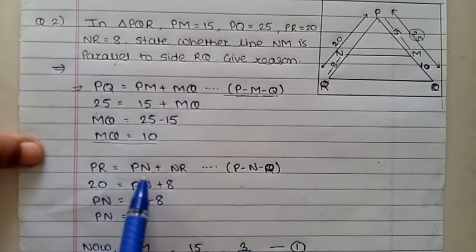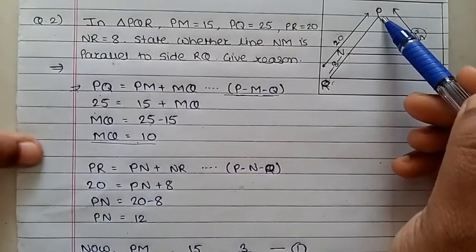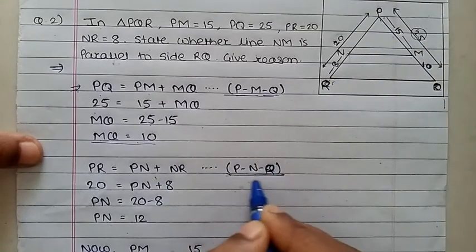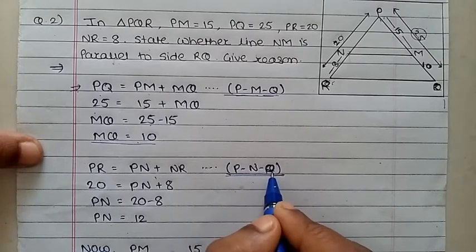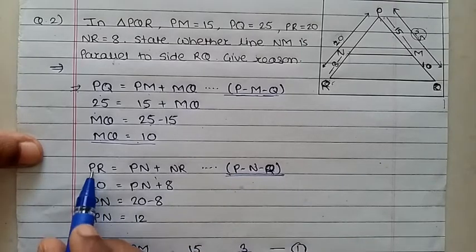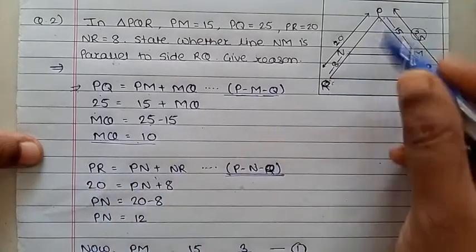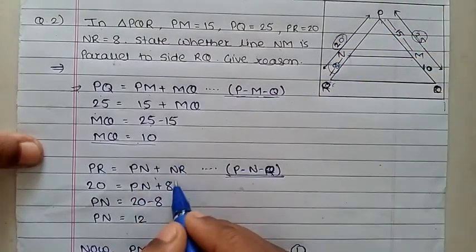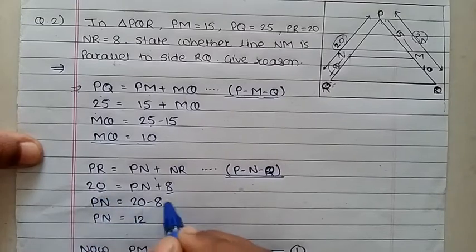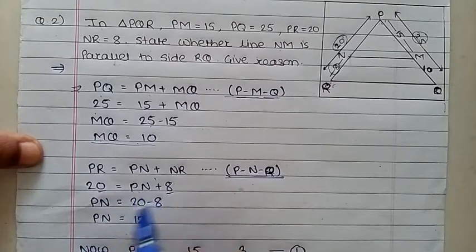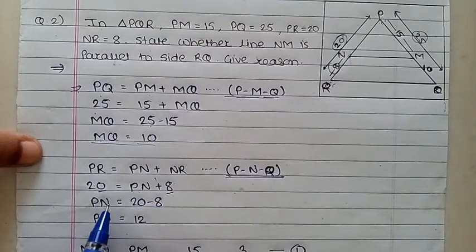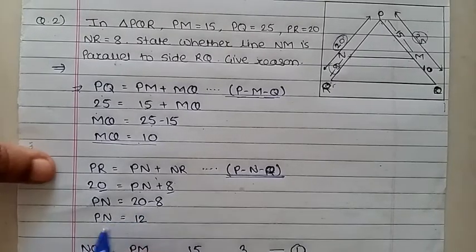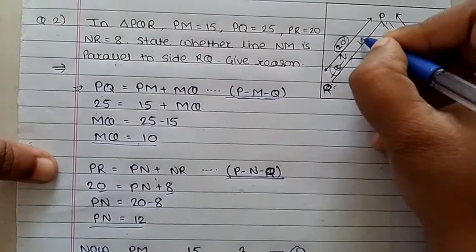PR is equal to PN plus NR, because point N is in between P and R. The length of PR is 20 and the length of NR is 8, so put 8 and 20 here. We don't know PN, so PN is equal to 20 minus 8. That is PN is equal to 12.